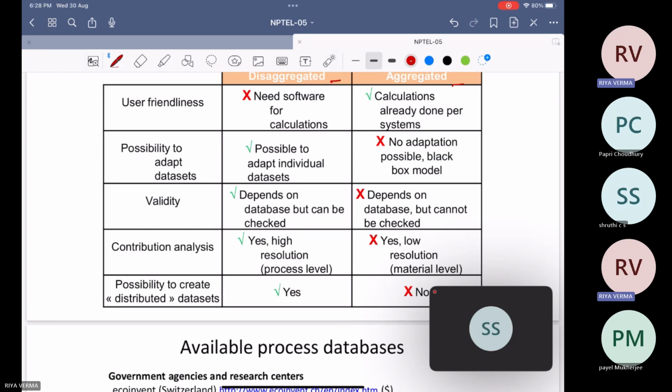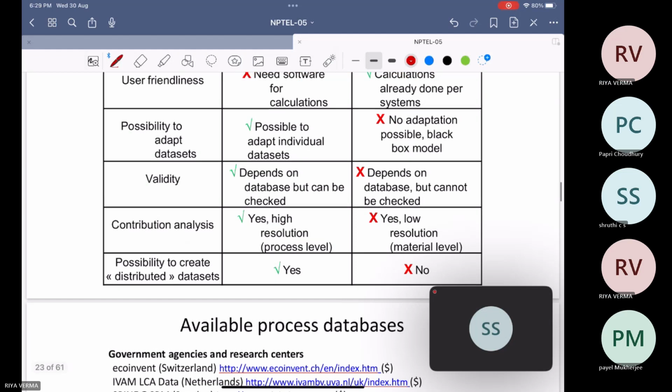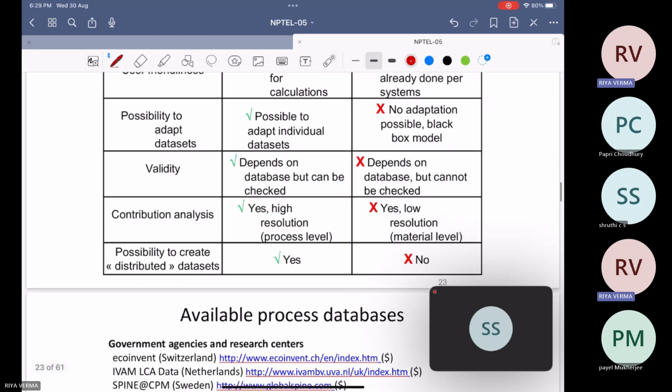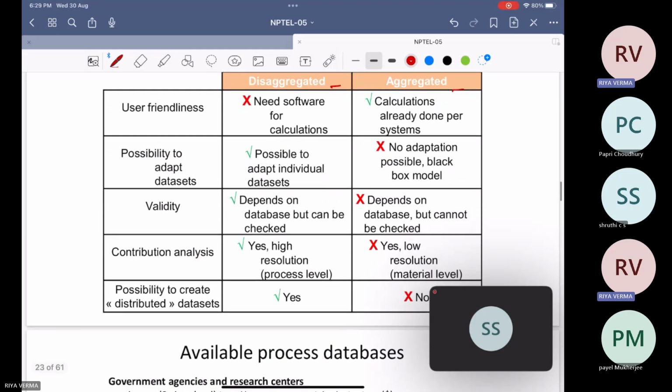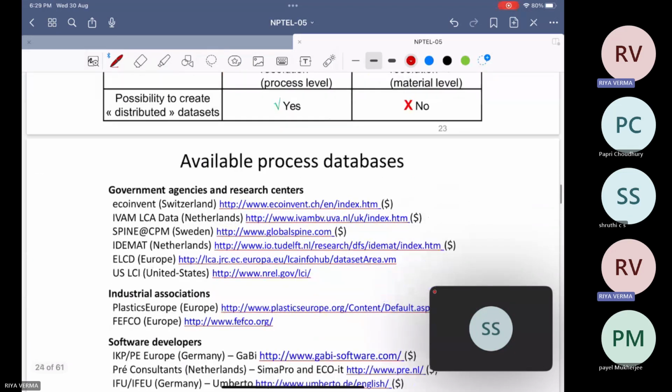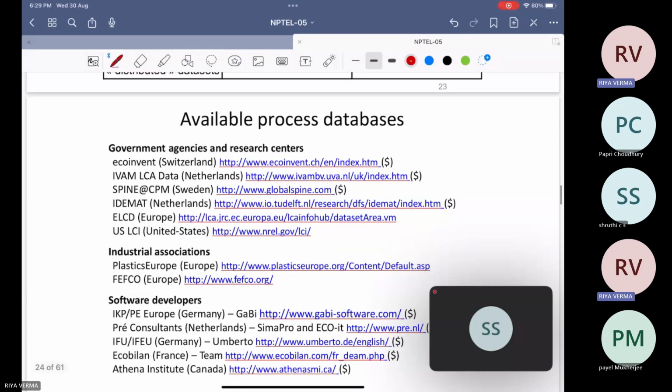It is on material level. And the possibility to create distributed data sets is possible in a disaggregated database, whereas it is not possible in an aggregated database.